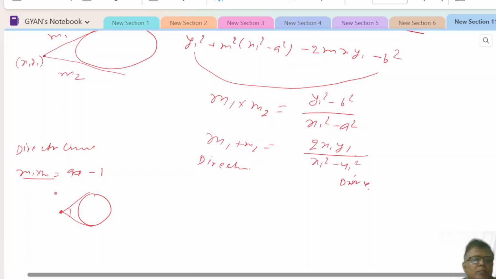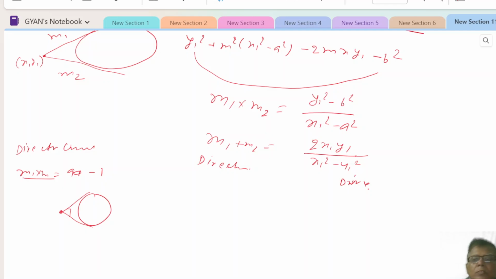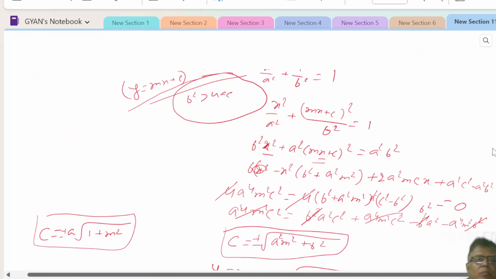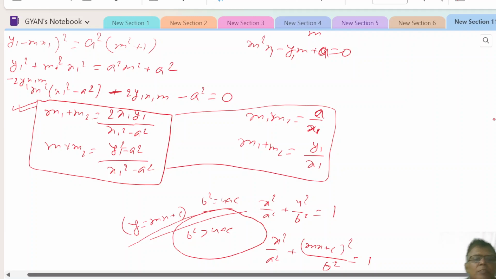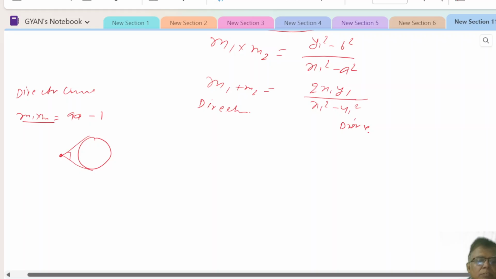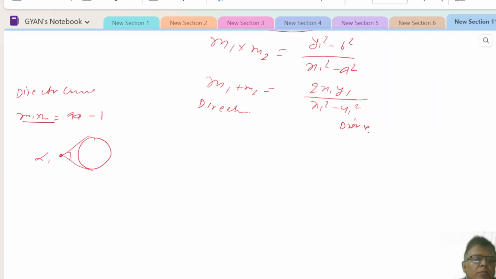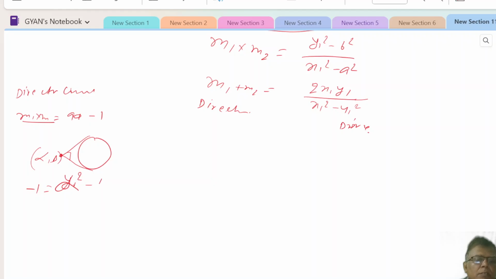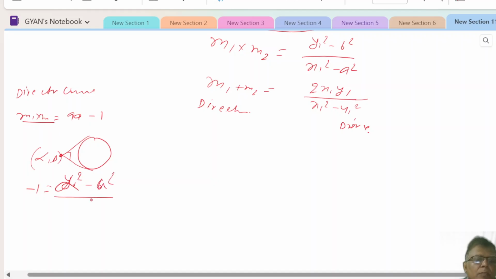So m1 and m2, what we know, m1 into m2 is equal to y1 square minus a square divided by x1 square minus a square. So suppose this point is alpha, beta. So minus 1 will be beta square minus a square divided by alpha square minus a square.